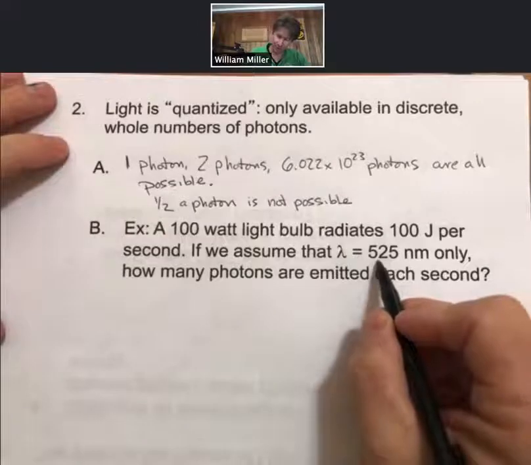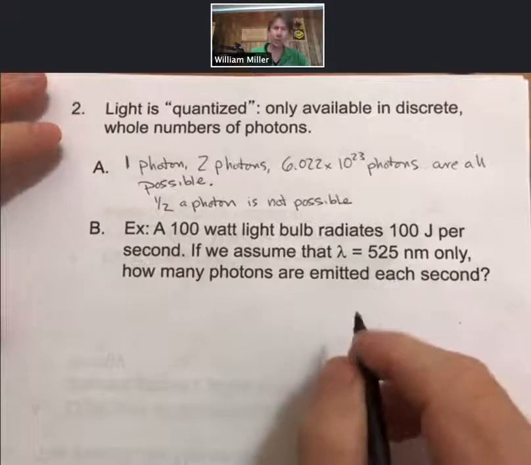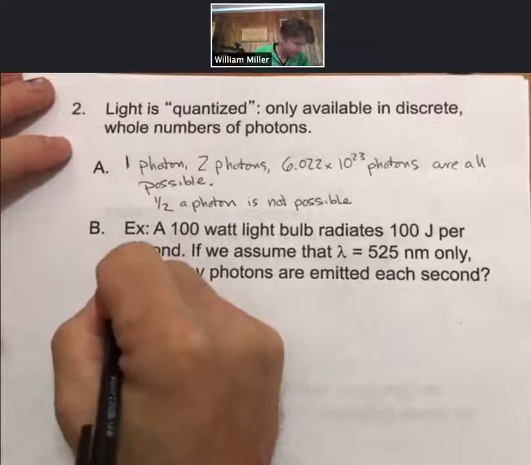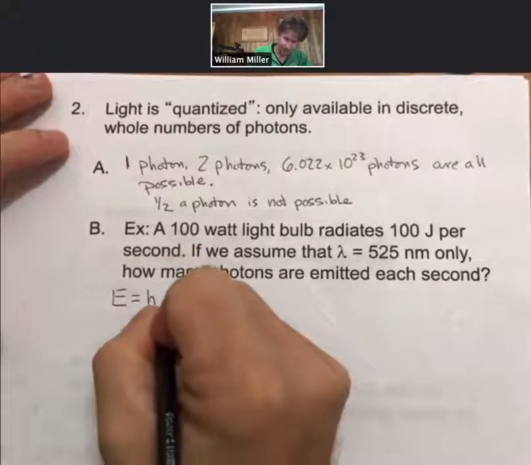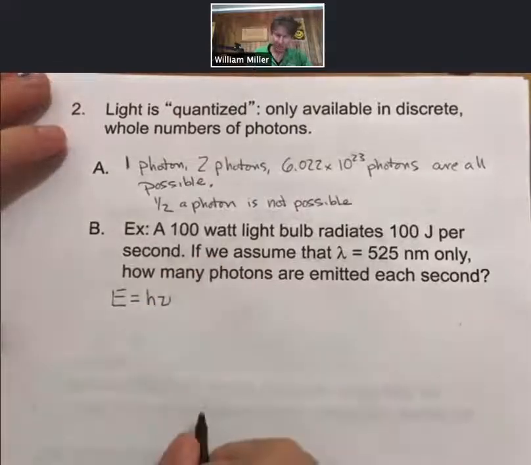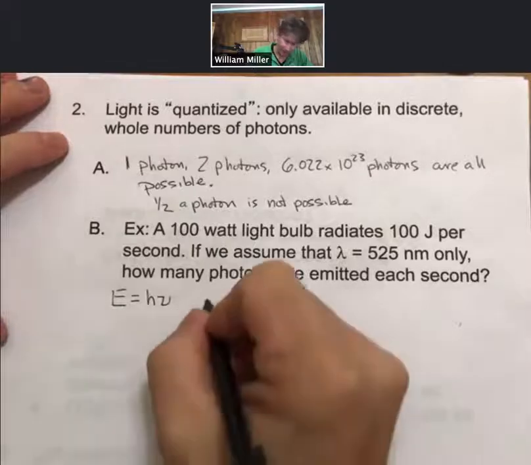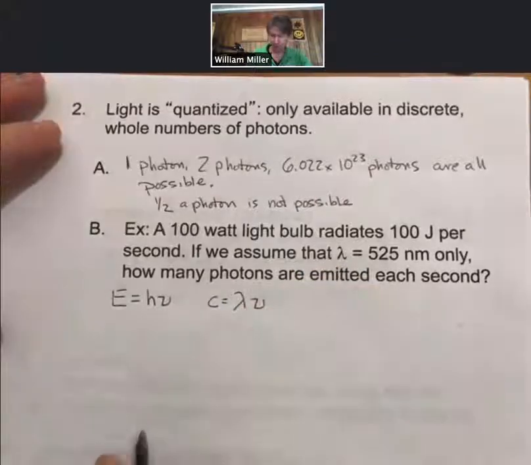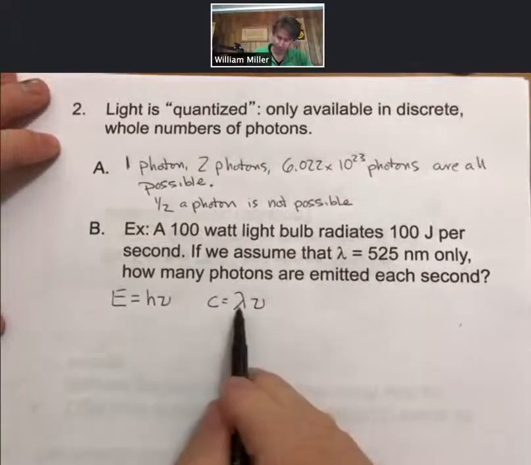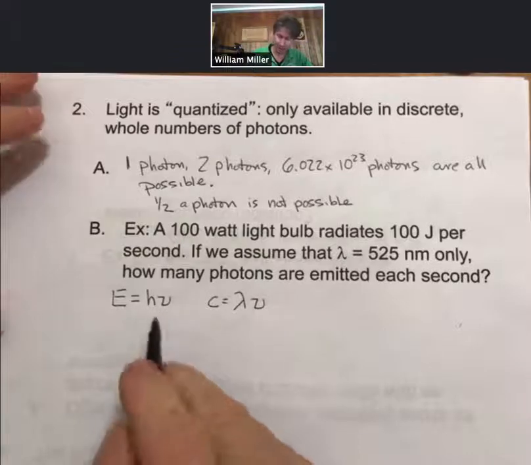So we've already talked about how if you have a specific wavelength, you can find energy. So E equals h times frequency. And we have that c equals wavelength times frequency. Now, since we have wavelength, we're going to solve this equation for frequency, and then plug into the energy equation.